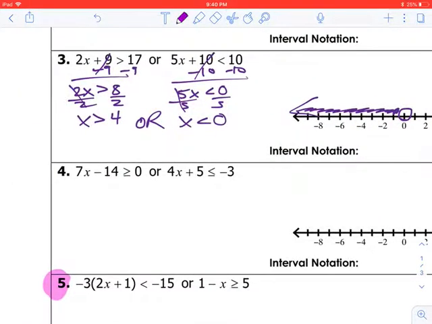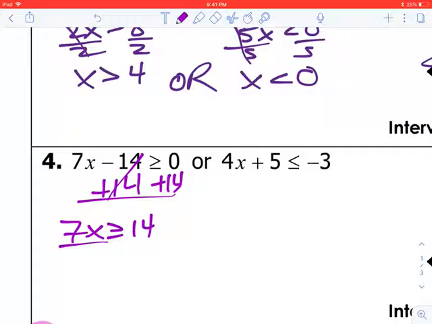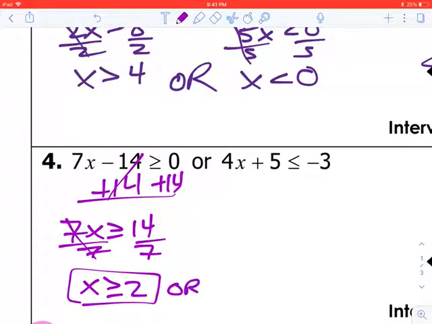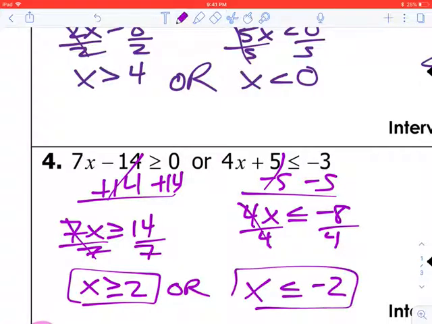Okay. So one more, and then we'll go to the back side. So 7x greater than or equal to 14, divide by 7, x is greater than or equal to 2. Or, and let's solve this one. We've got 4x less than or equal to -8, divide by 4, get x is less than or equal to -2.